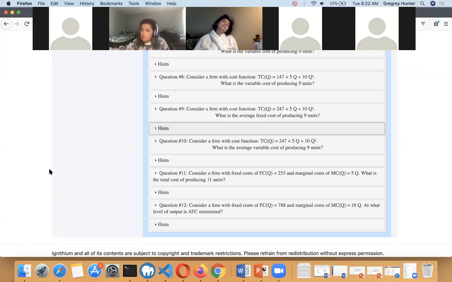Total cost is fixed cost plus variable cost. So if I know the fixed cost is 247, which we established in 9, and I calculate the total cost of producing 9 units, then, with a little bit of algebra, TC minus FC is going to be equal to the variable cost, right?